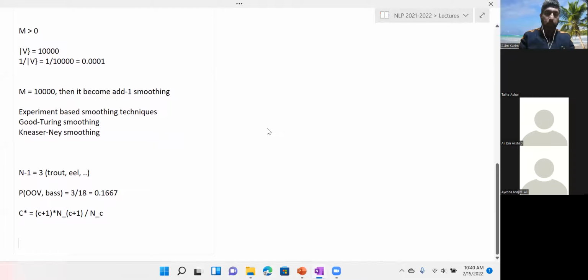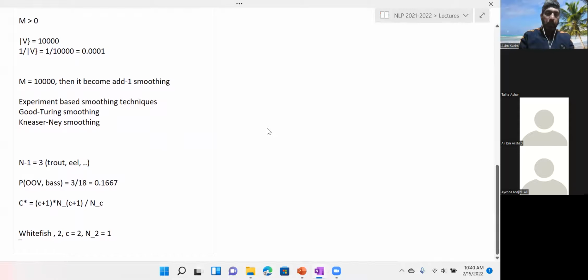So let's say I want whitefish, which occurred twice. So this was C is equal to 2, right? And of course, also N2 is equal to 1. Okay?